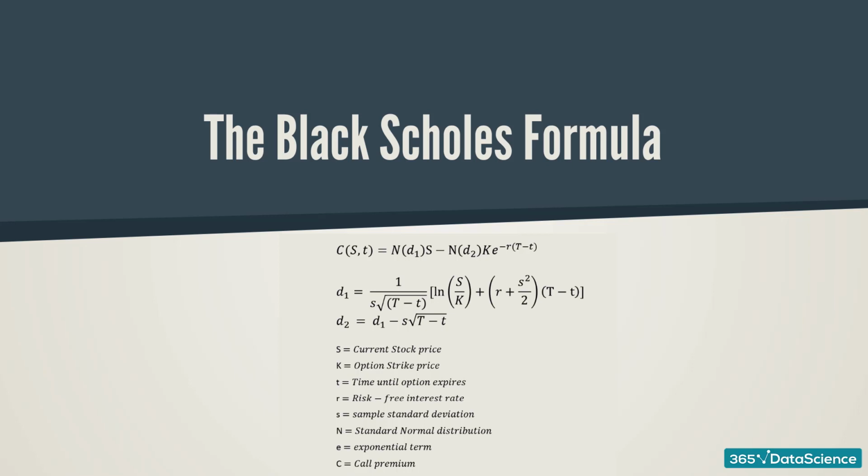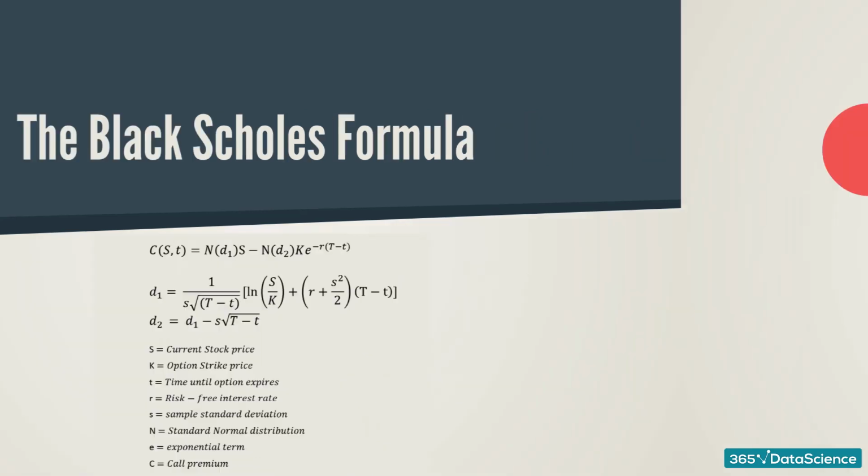In the first component, we are multiplying the probability of exercising the option by the amount received when the option is exercised. And in the second component, we have the discounted value of the amount we must pay to exercise the option. All this is done if the development of the stock's share price follows a normal distribution.